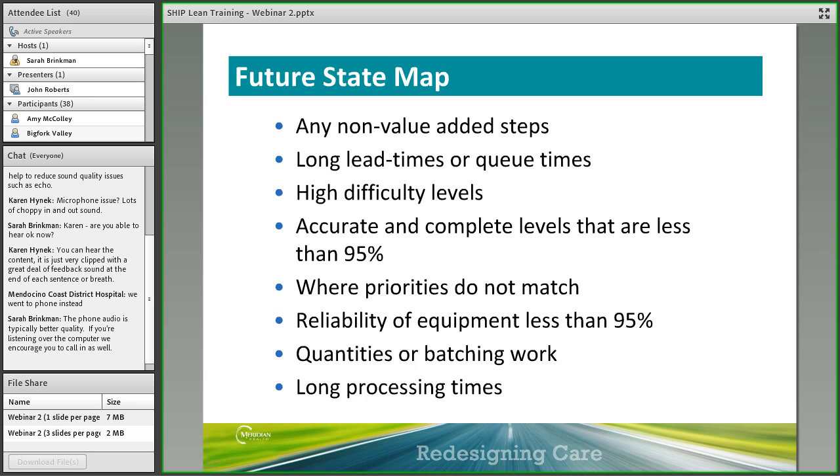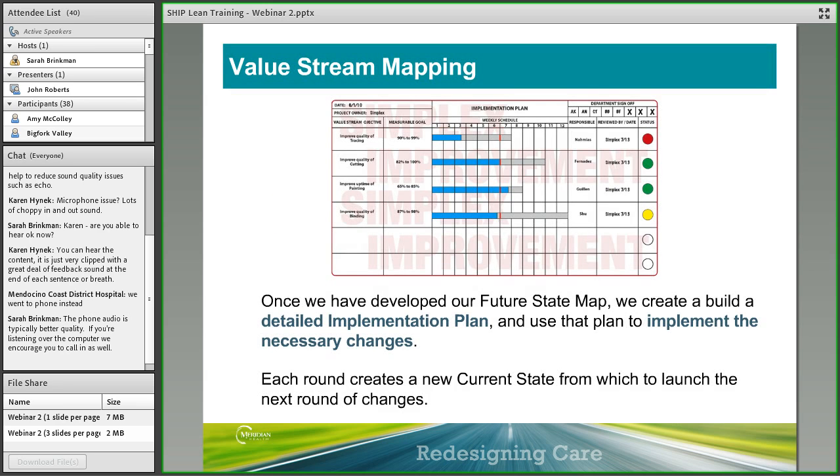So again, we can see at the very top, you see what we call Kaizen bursts. And those are things that we can see right away that there seems to be a particular issue with. For instance, we want to ask, why is the patient waiting 25 minutes? Why are they waiting so long?